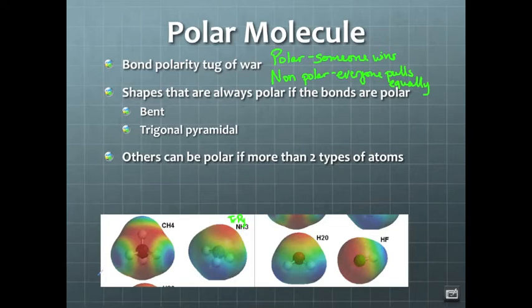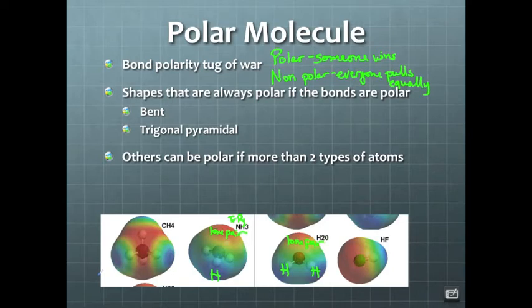You've got your H's down here. You've got your lone pair up here, which is getting more of your electron density, so that makes it polar. In water, again, we've got our H's down here, we've got our lone pairs up here, and so water is polar.